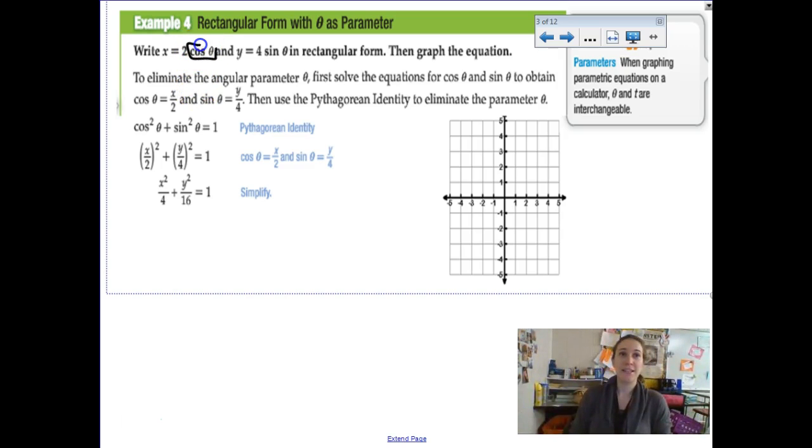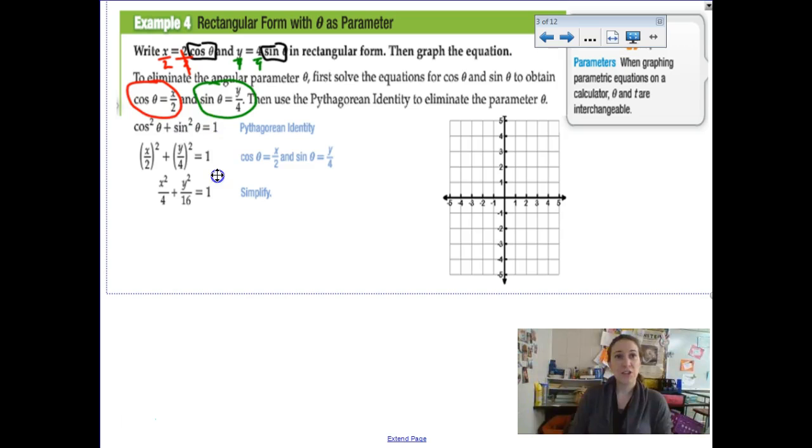So if I can isolate the cosine and sine functions, that's what we want to isolate. That was their first step. They divide by 2 here, and that's how they got cosine theta is really x over 2. And then over here, they divide by 4, so sine theta is really y over 4.